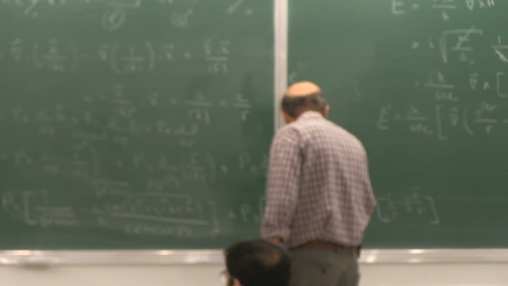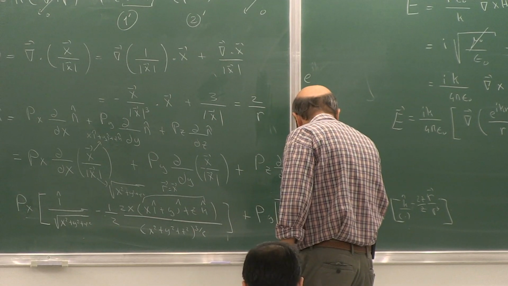If you do, for example, the third term, you will get minus 2z along r over r cubed, and for that one, you will obtain 2 y along r over r cubed.